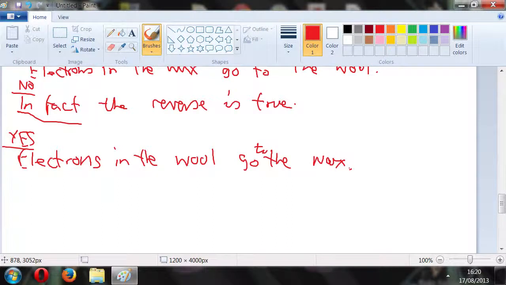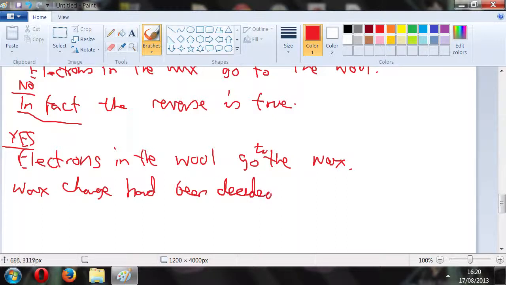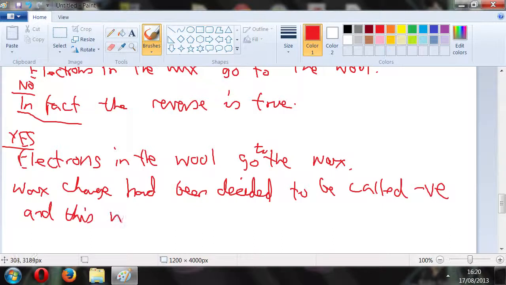But the wax charge had already been decided to be called negative, and this was retained.